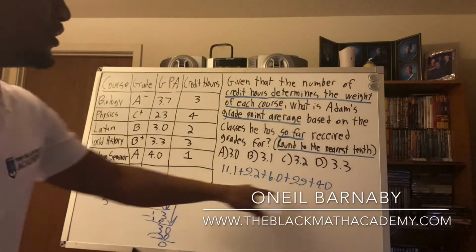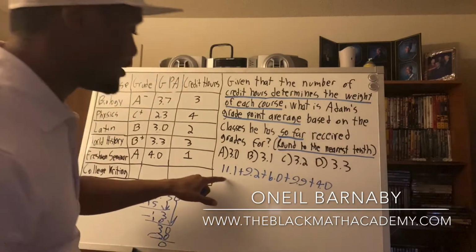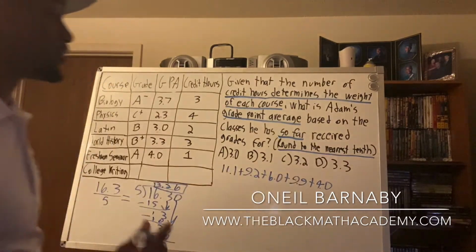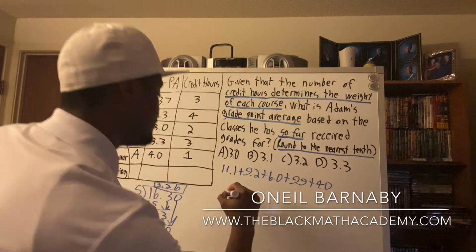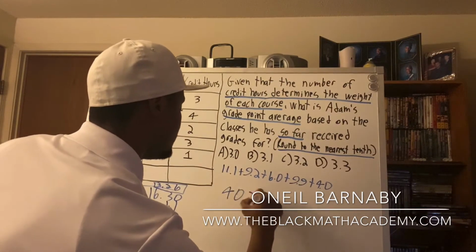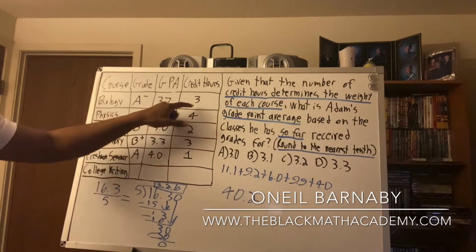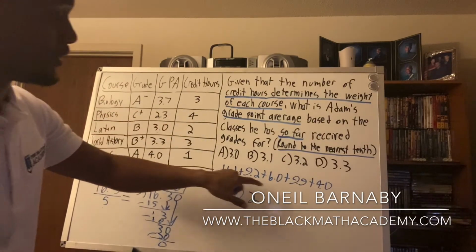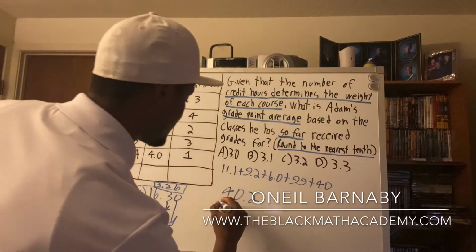So we're going to add these values together, and the result becomes 40.2. So the 3.7 times 3, all these products become these values here, and then we add these values together, and that becomes our sum.